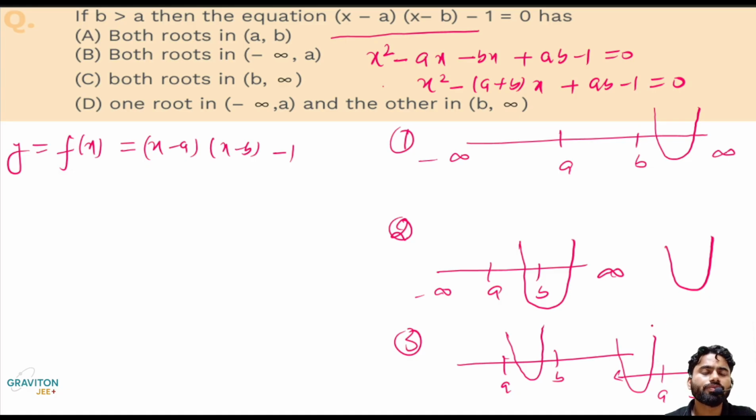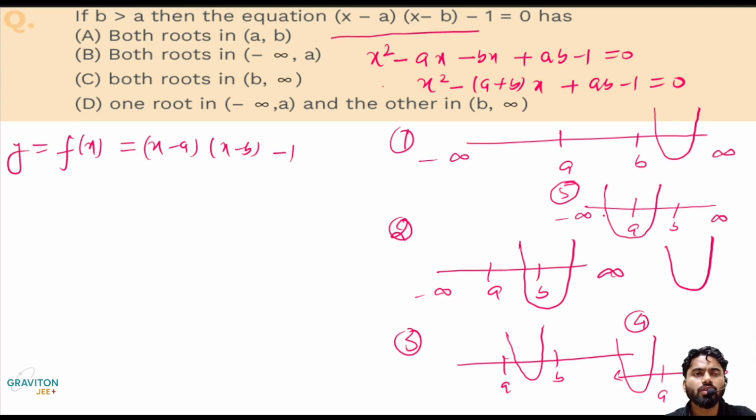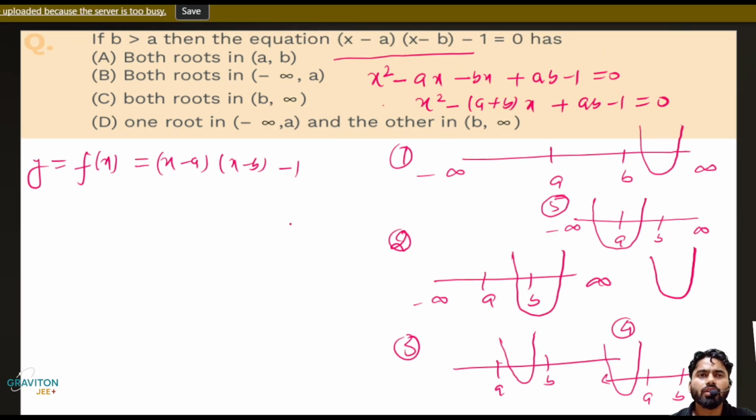And if we go with this condition, then one root lies between minus infinity to a and one root between a to b.